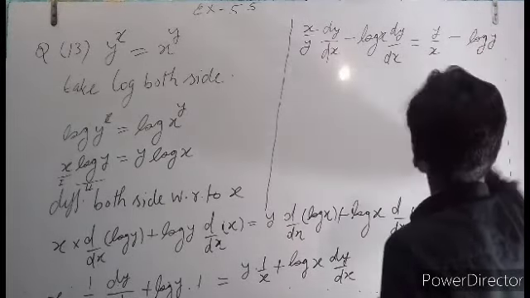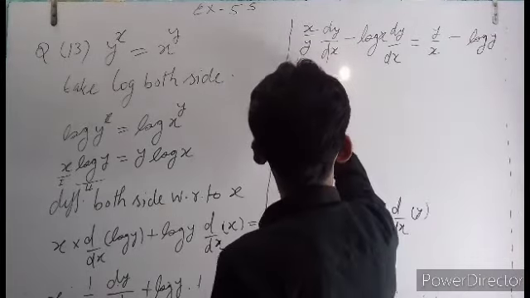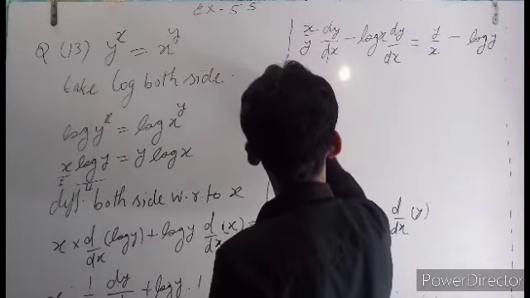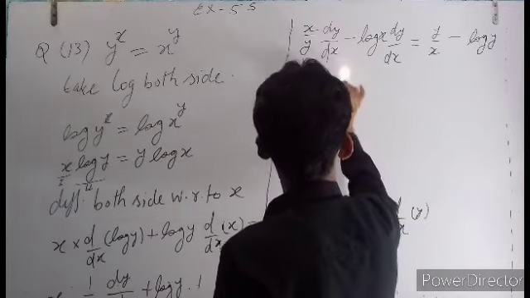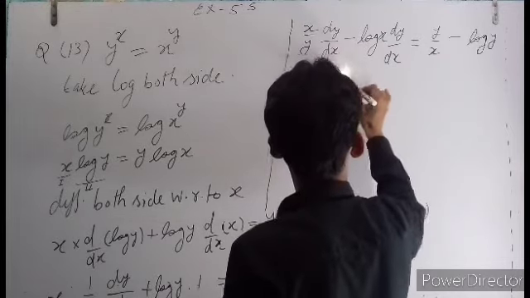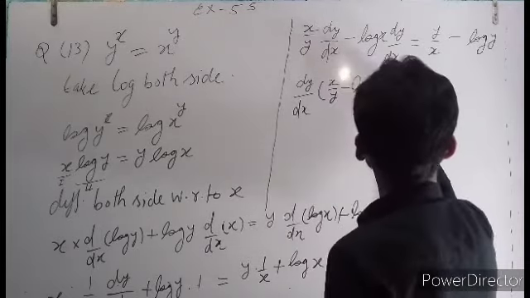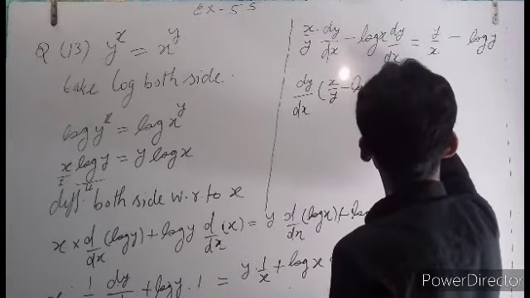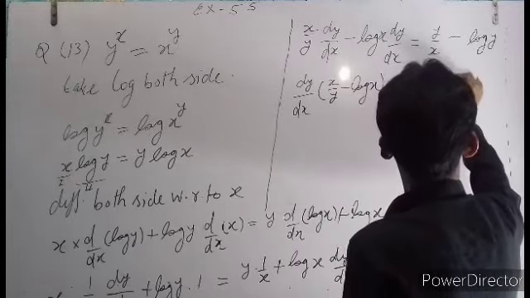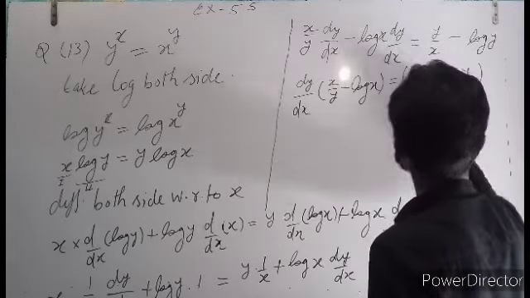Now take dy by dx common: dy by dx times x upon y minus log x equals y upon x minus log y.